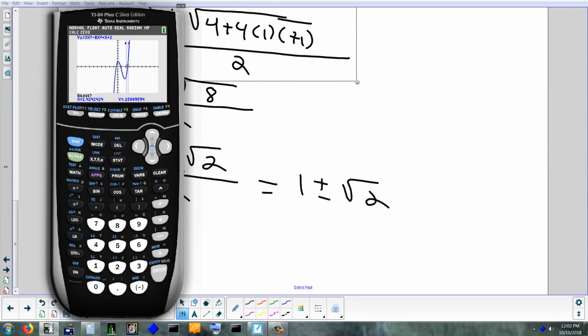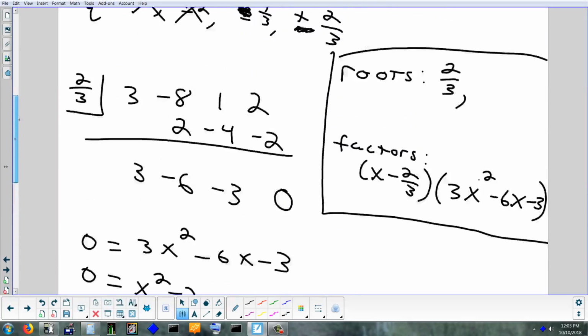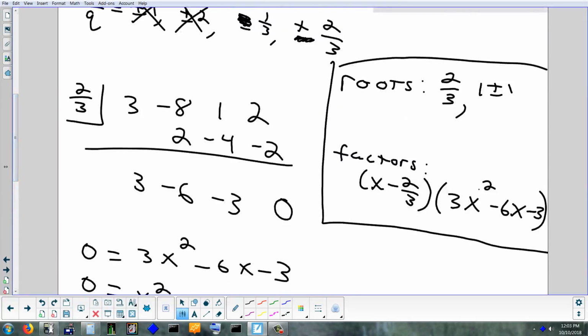And then plus 1. 2.4142. Let me calculate the root and see what it says. 2.4142. So the answer I got with the quadratic formula is exactly what the calculator gave me. So there's your roots.